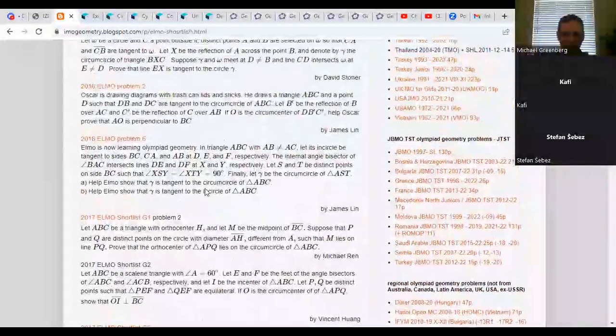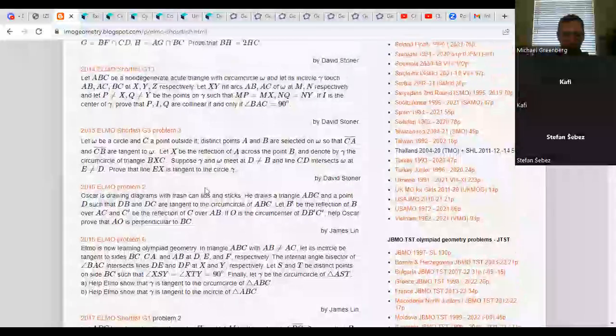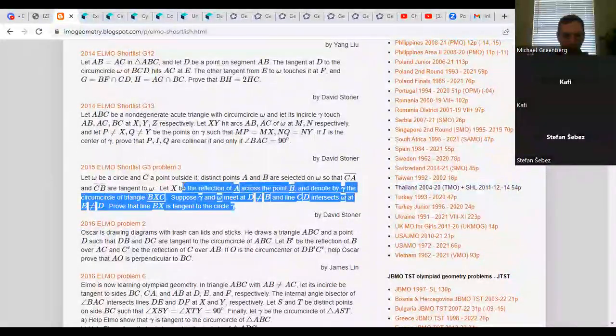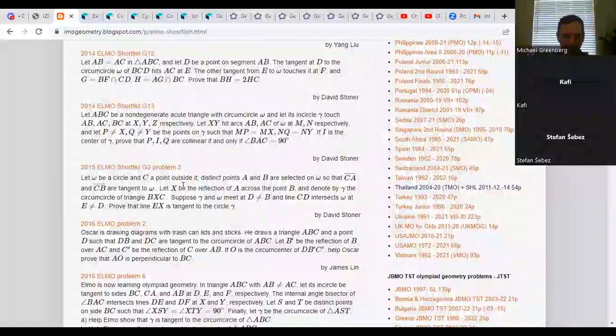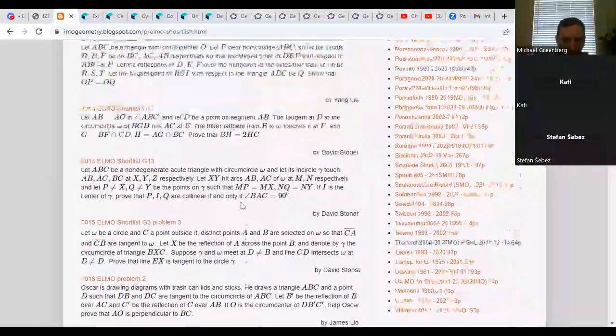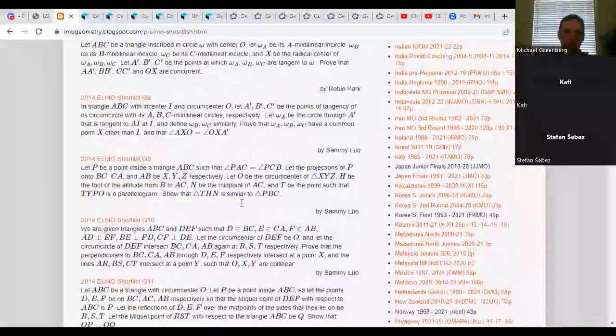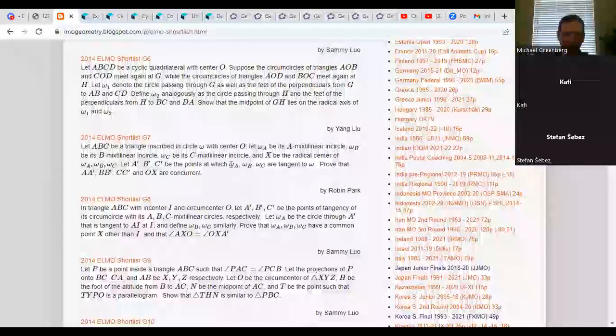Let's do some medium problem from ELMO. Okay, like medium difficulty. Maybe this one, or is this too easy? Well, if it goes all the way up to 10, then 3 is going to be kind of easy. Maybe this. Too many mixtilinear circles. The radical center of the 3 mixtilinear incircles. I think that one's kind of well known.